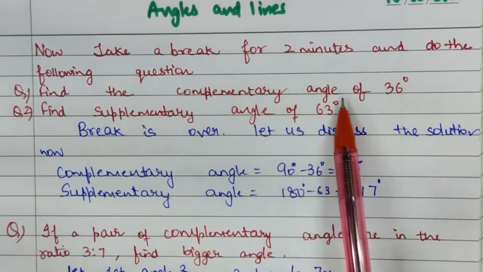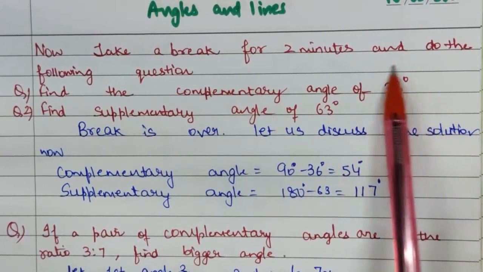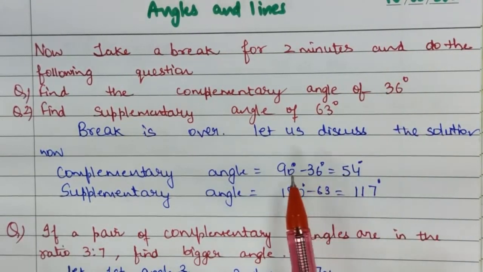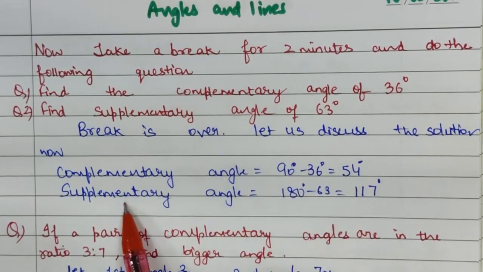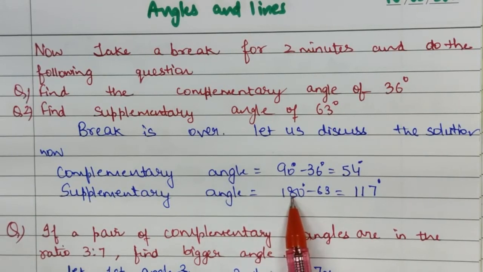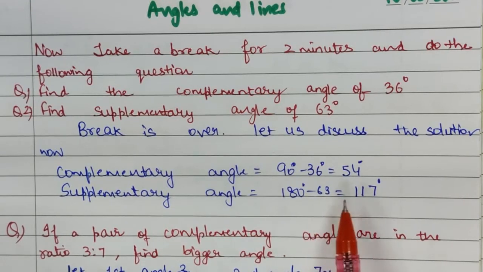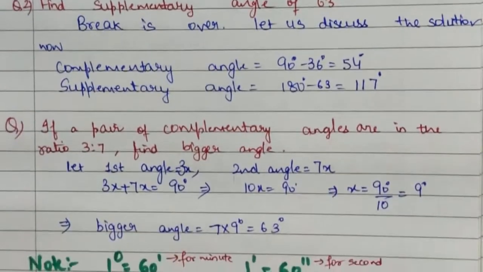So if we have to find the complementary angle of 36 degree, we will subtract it from 90 degree, that is 54 degree. And what will be the supplementary angle? In that case, we will subtract it from 180 degree. So 180 degree minus 63 degree will be equal to 117 degree.